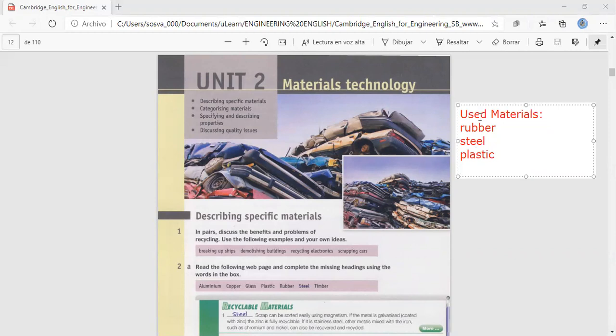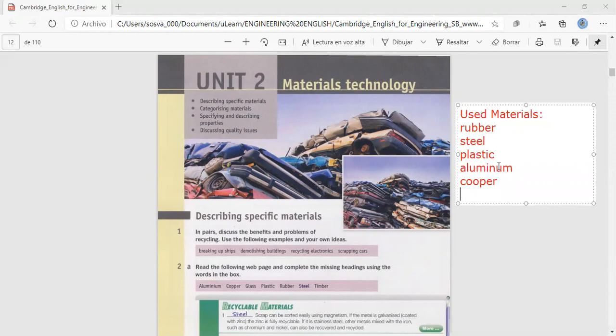What other materials do you know? Aluminum, yes. Copper. What else? More answers.